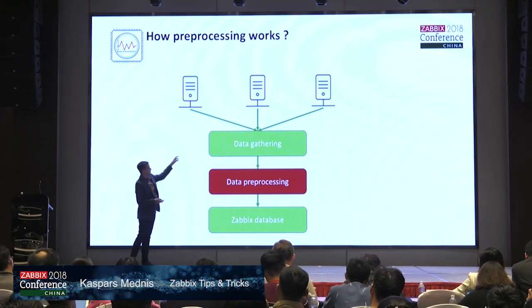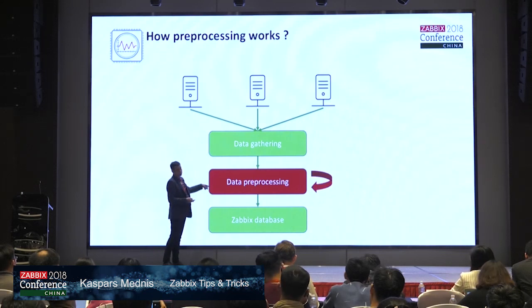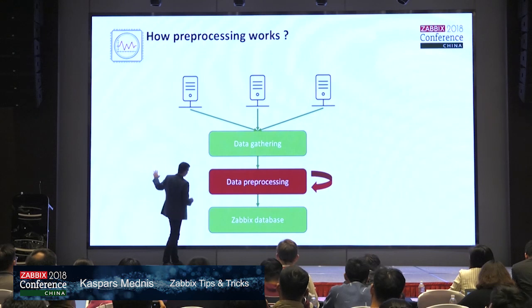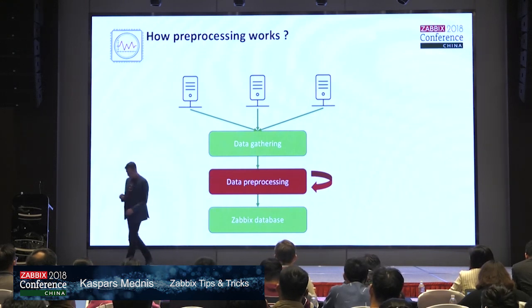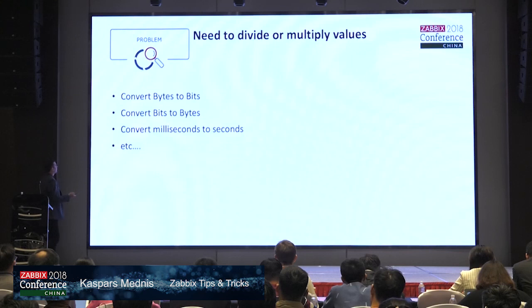So, data is collected, then it is pre-processed, and it can be pre-processed multiple times. Yes, you can have such a pipeline. And then the transformed data is stored in the Zabbix database. Really simple example just to explain.